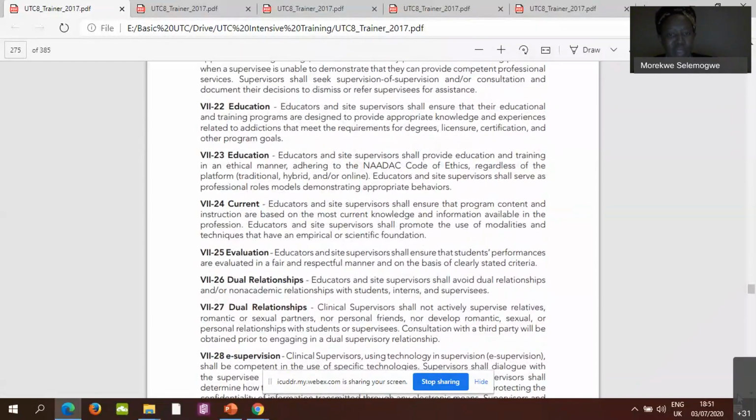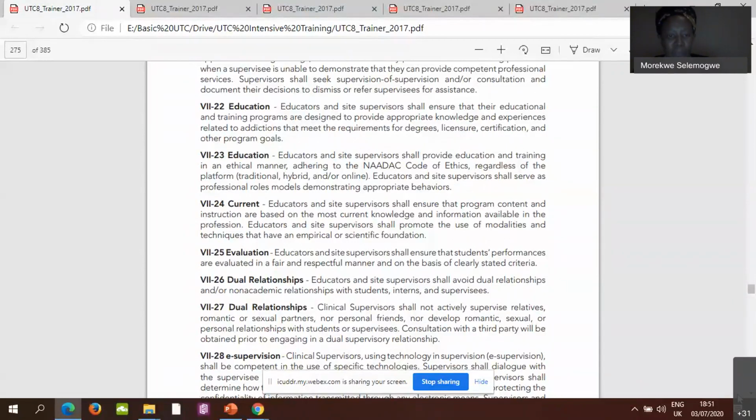Educators and site supervisors shall ensure the program content and instruction are based on the most current knowledge and information available in the profession. So as a supervisor, you are required to stay abreast of current knowledge regarding addiction. You shall also promote the use of modalities and techniques that are evidence-based.